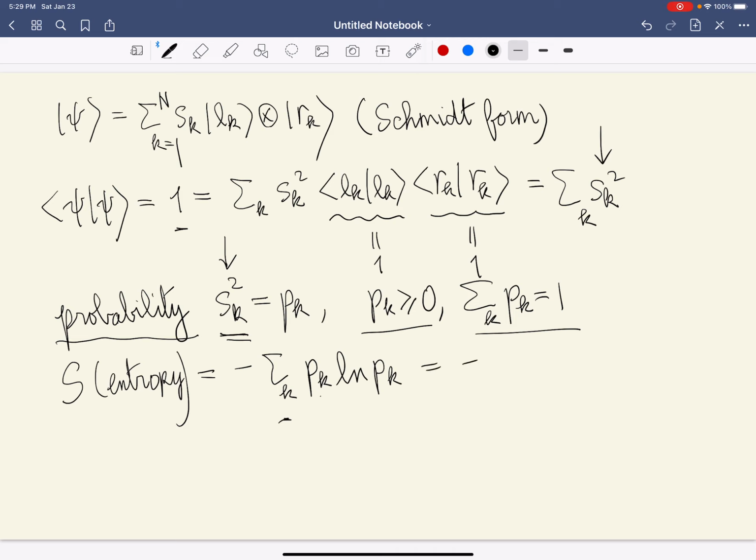Okay, and since we're talking about the singular values, pk can be replaced by sk squared. And this quantity is going to offer some sort of measure of entropy of the object.